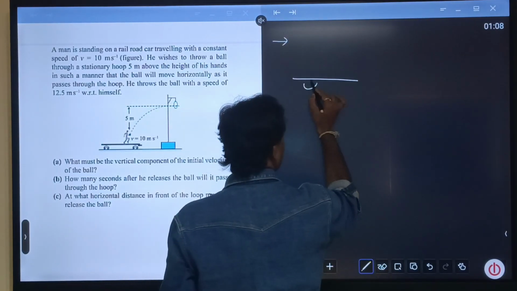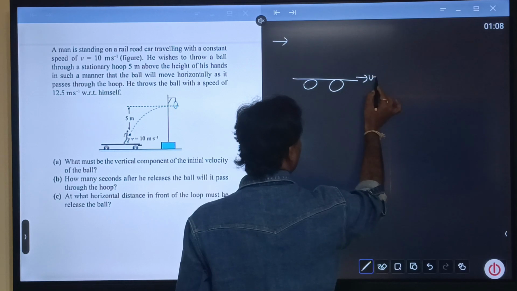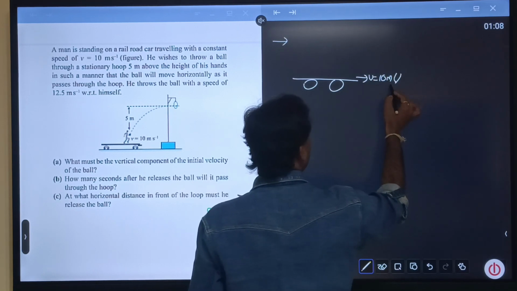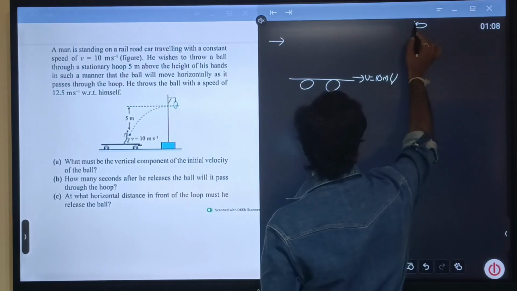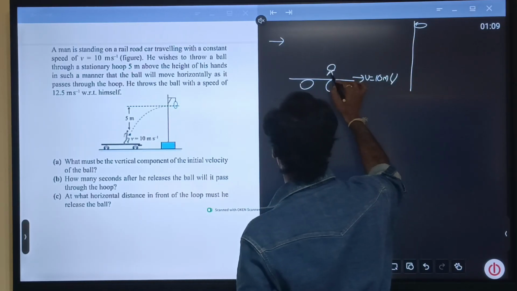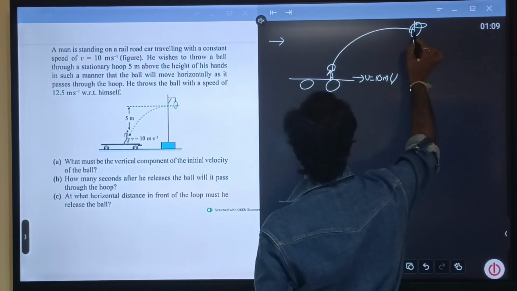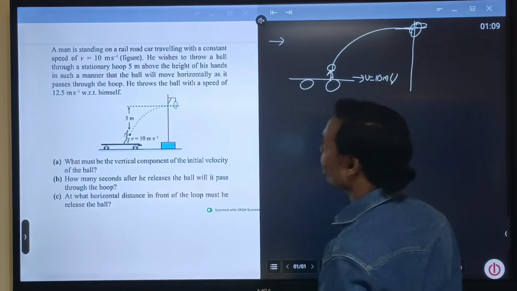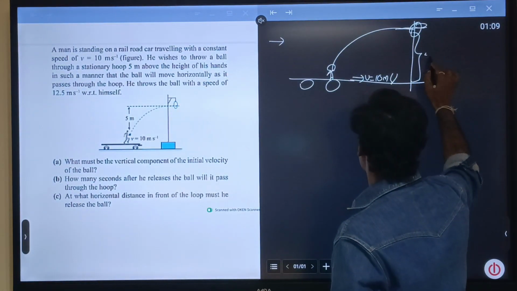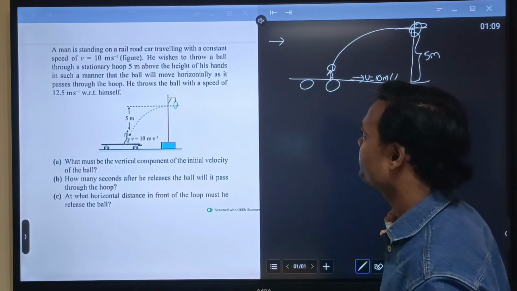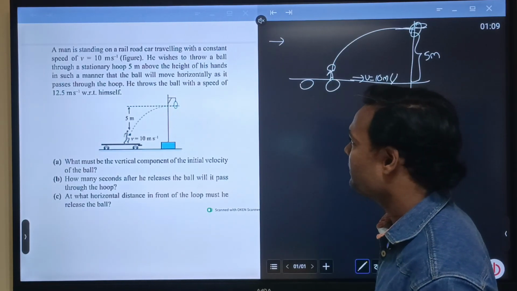See here, this is moving with a velocity of 10 meter per second, and he wants to throw a ball which needs to travel through this 5 meters height above his hands.